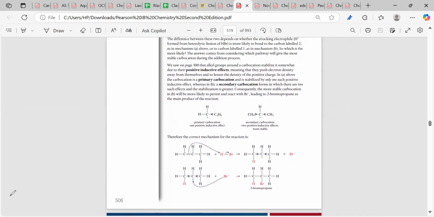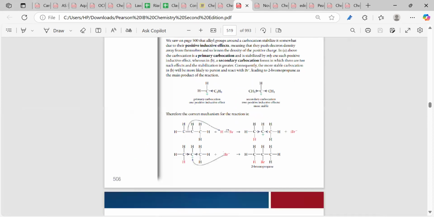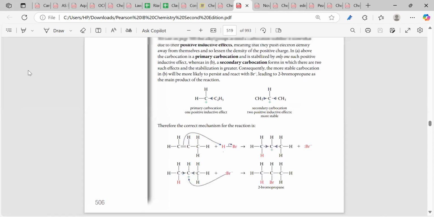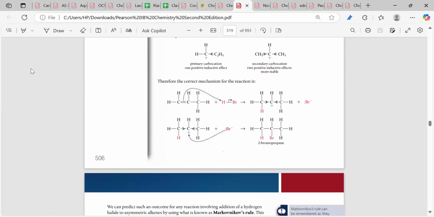Ashvi, self-study, right? Explanation of Markovnikov rule, 506 PSN, self-study. I need all the mechanisms done by today. Page is 506.